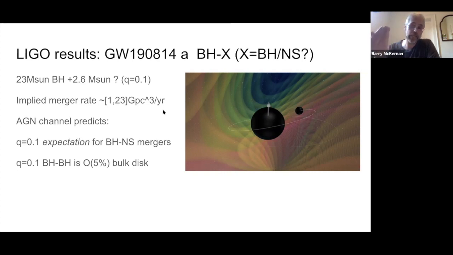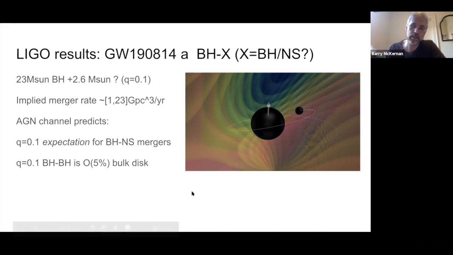From the perspective of the AGN channel, a mass ratio of 10 to 1 is the expectation for black hole neutron star mergers. So if this is a black hole neutron star merger, this is what you'd expect from an AGN. If it's a black hole merger, a 10 to 1 mass ratio is about a 5% occurrence in the bulk disk.